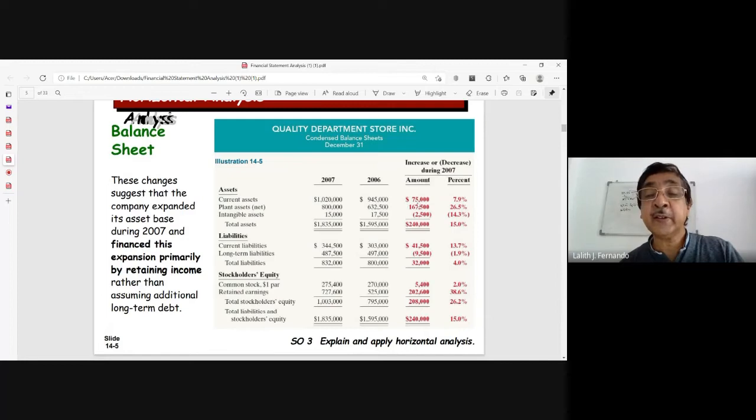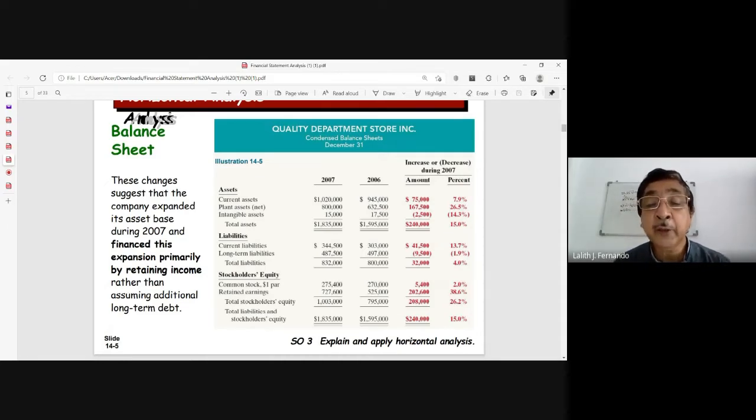Then it's a 75,000 increase, and as a percent that is a 7.9% increase. Now how are we going to do that? You can just see 1,020,000 minus 945,000, that is 75,000, divided by 945,000, and you will get 7.9%. So that is how you calculate the growth rates.